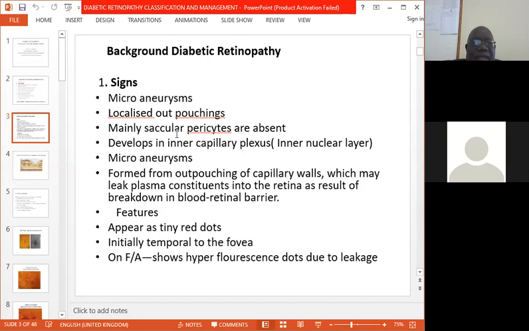Mainly circular, pericytes are absent, and they develop in the inner capillary plexus, inner nuclear layer of the retina. These are what they refer to also as microaneurysms, those ballooning portions of the capillaries.